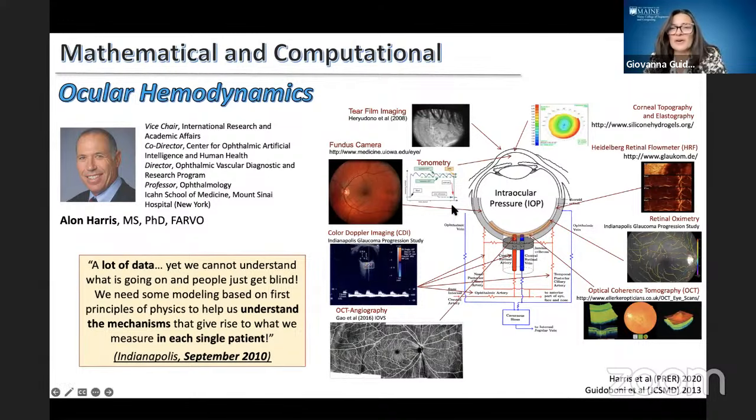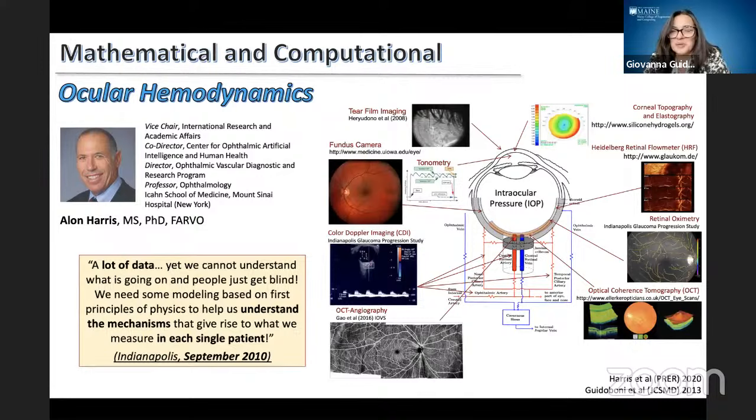And you can go from, as you can see here, the lipids that are in the tear film in the front of the eye, to the vasculature that is at the back of the eye, down to the capillary level, to the oxygenation of the blood in the arteries and veins, the 3D structure of all the tissues through the back of the eye, as well as the velocity profile in major arteries and veins in centimeters per second.